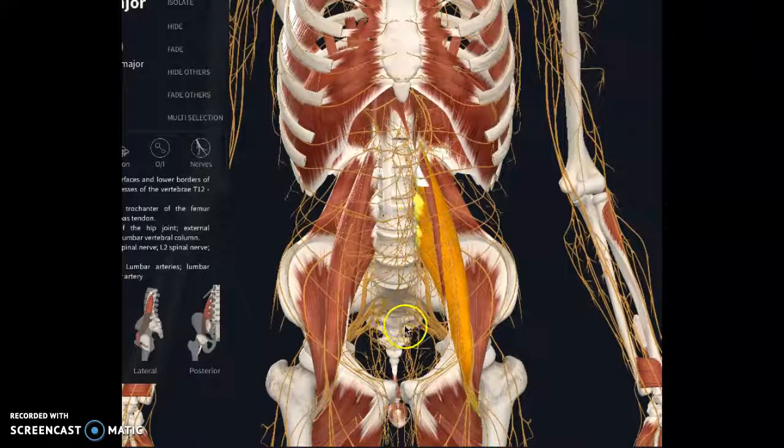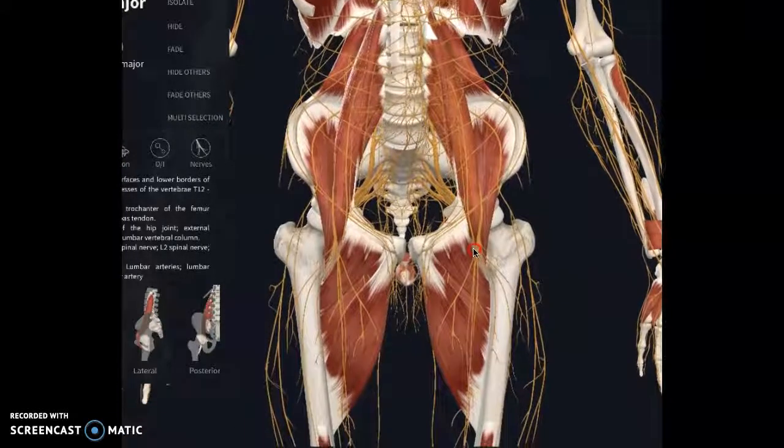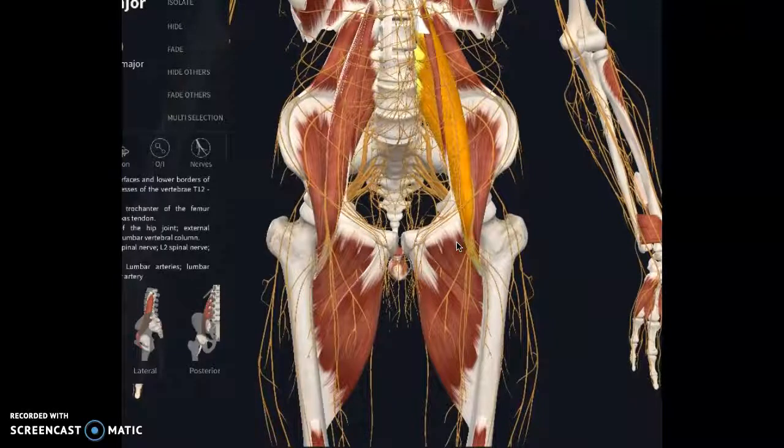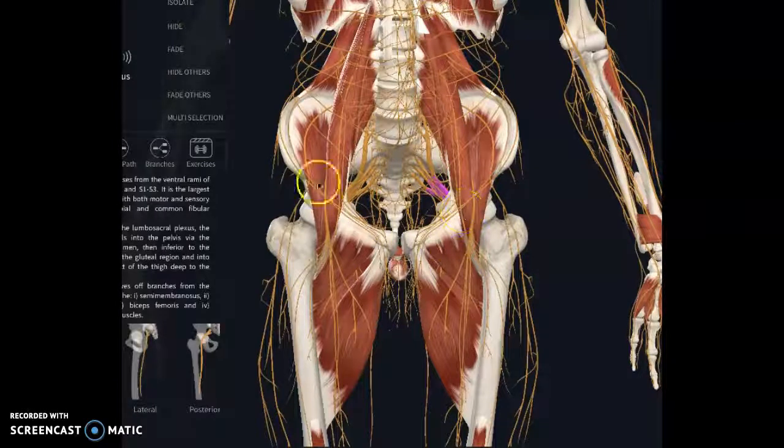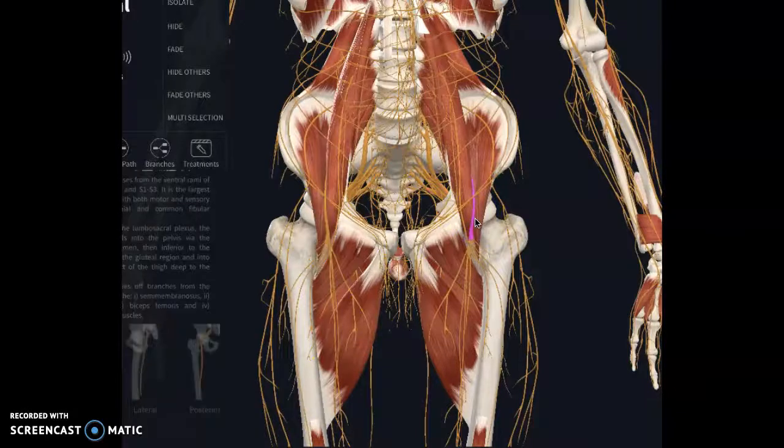So, as far as nerves, you can see all this meshwork of nerves. Now, let's talk about in the front of your hip. So, your main nerve that's going to come down is your femoral nerve. Let me actually zoom in a little bit more so I can get kind of right up on it.